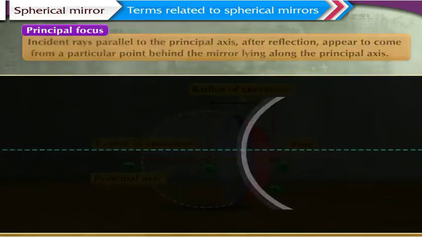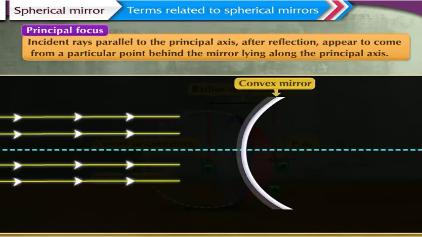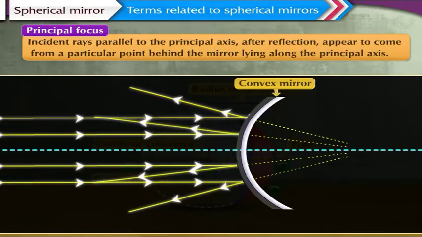In the case of a convex mirror, incident rays parallel to the principal axis after reflection appear to come from a particular point behind the mirror lying on the principal axis. This point is called the principal focus of the convex mirror. F is the principal focus of the convex mirror.